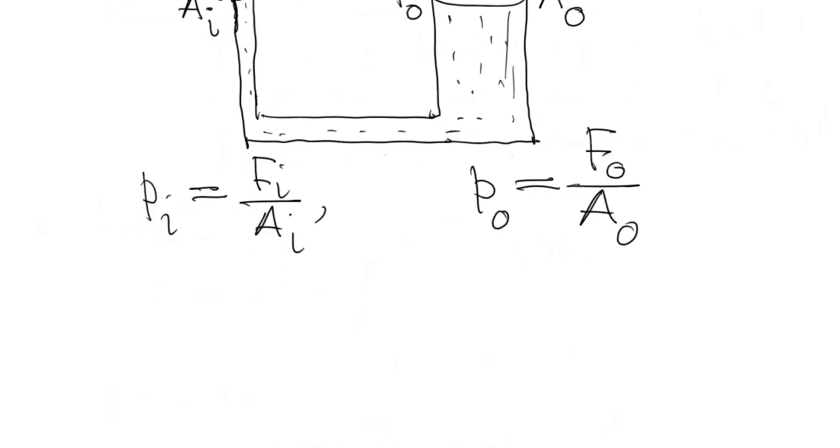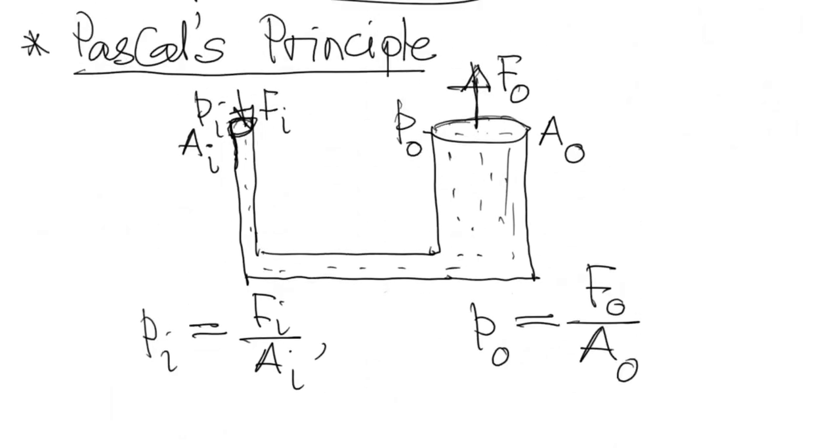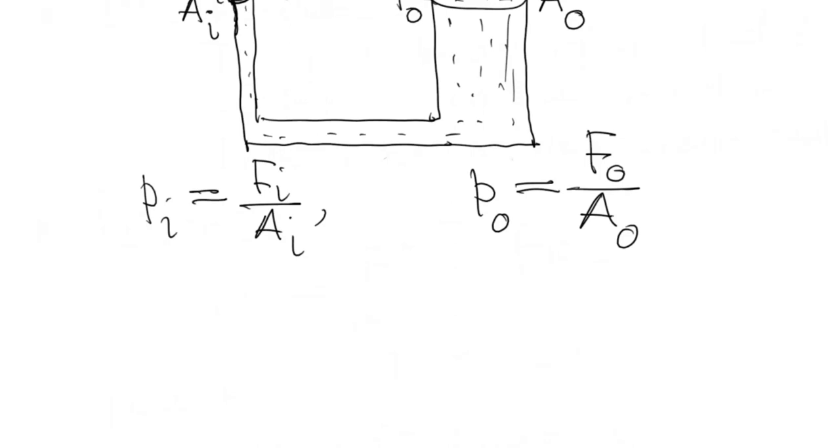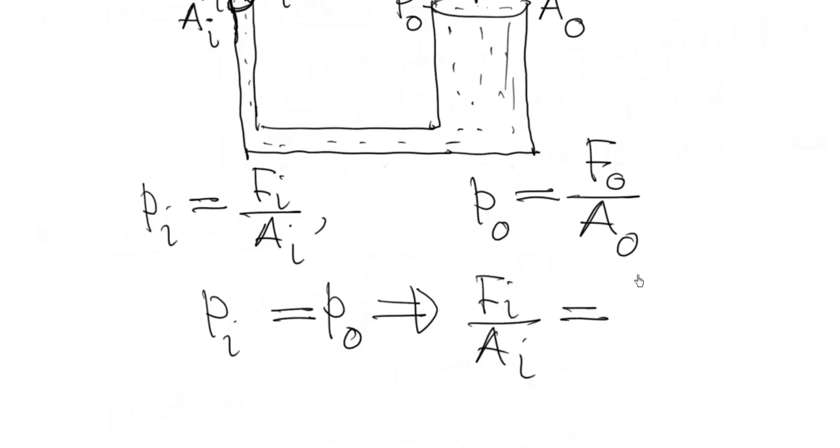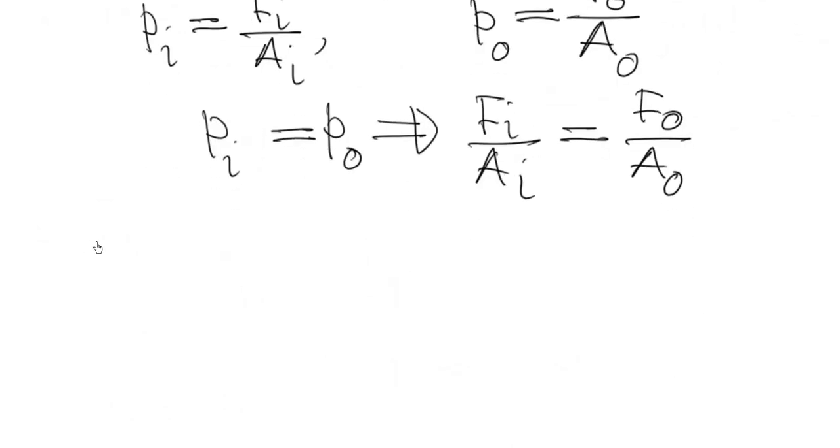Now pressure will be the same at this end and also at this end. So this pressure Pi will be pressure P naught, which will give you Fi by Ai is equal to F naught by A naught. From this, the output force is F naught equals A naught by Ai into Fi.